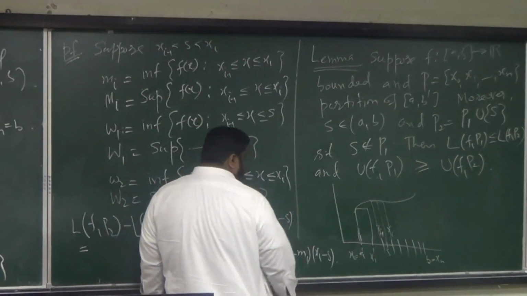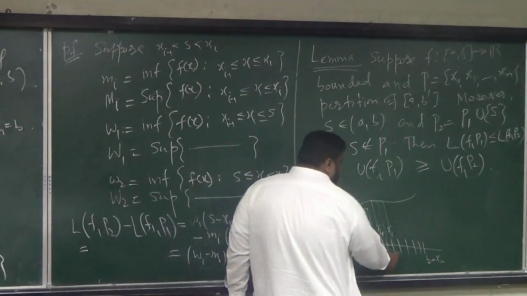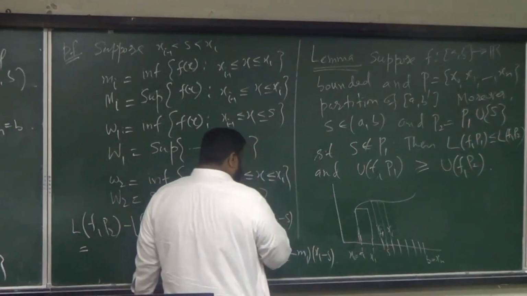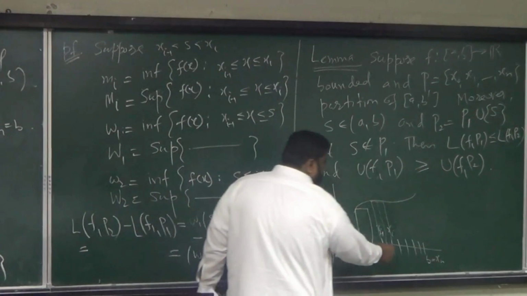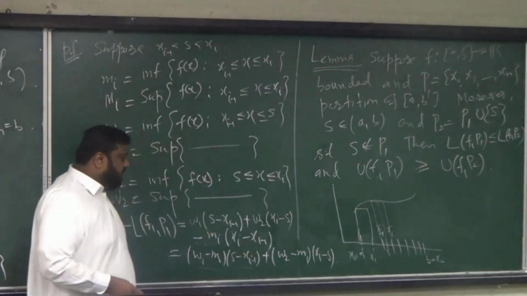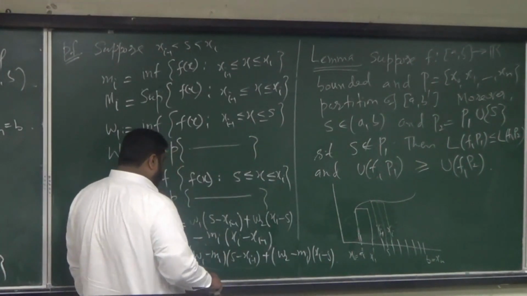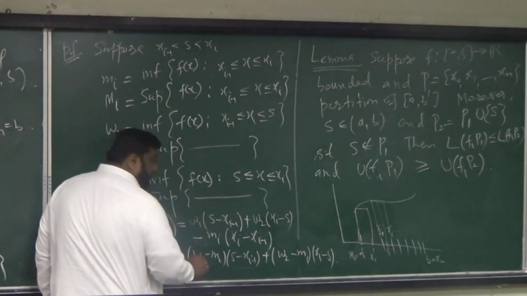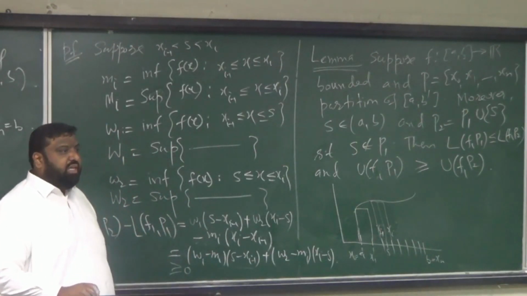How about w2 minus m_i? m_i is the infimum on the whole interval, and w2 is the infimum on the second subinterval, so it is bigger. So we can see that this number is bigger than or equal to 0.